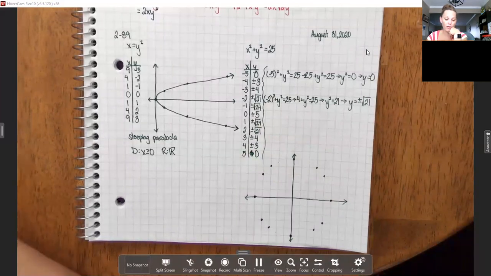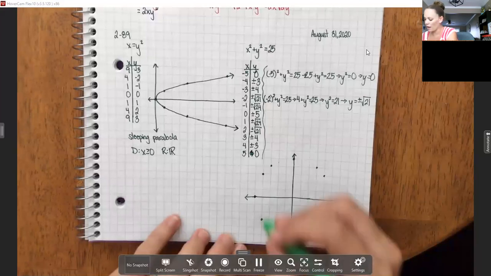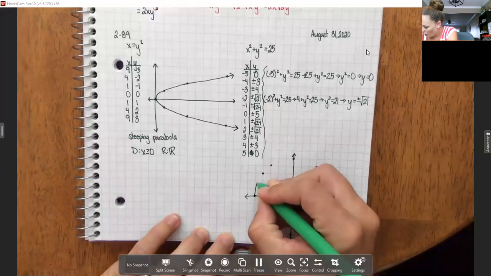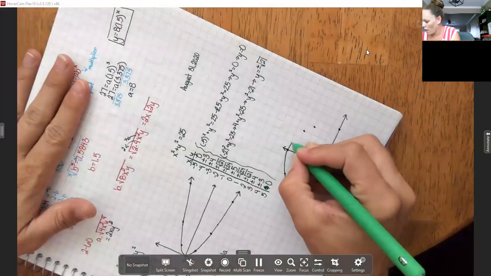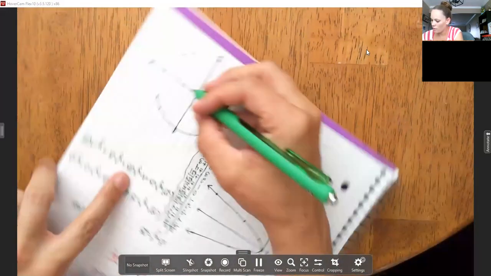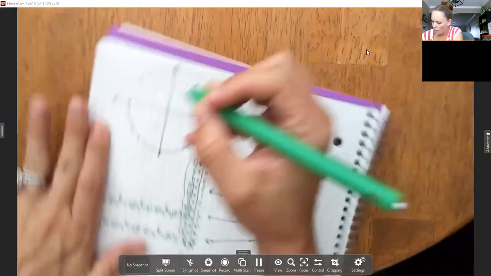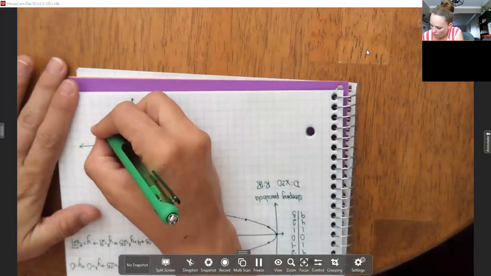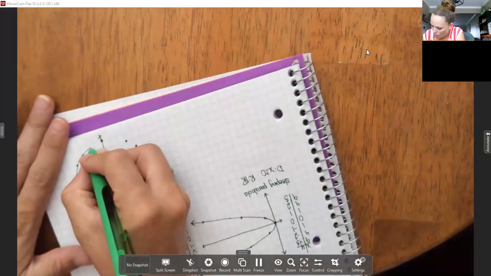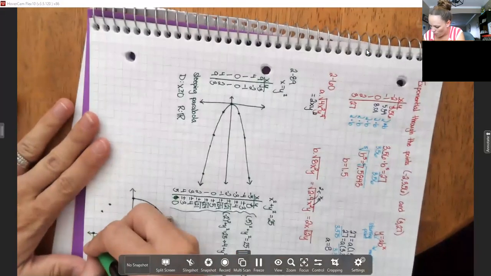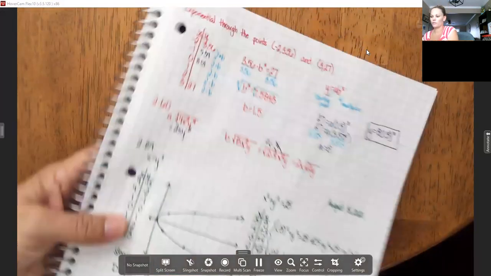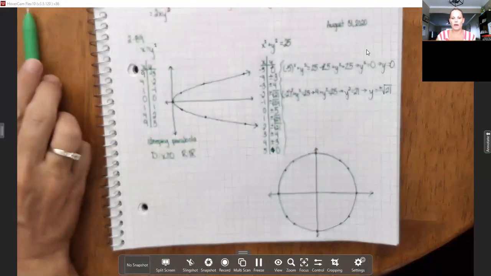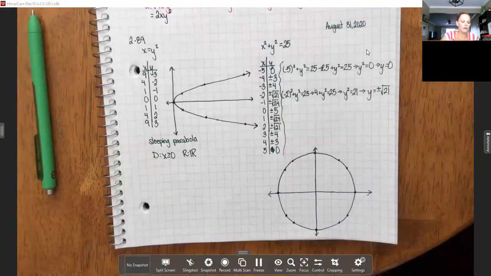And this may look a little bit familiar, hopefully, from math 2, kind of at the end. And you should end up with a circle there.